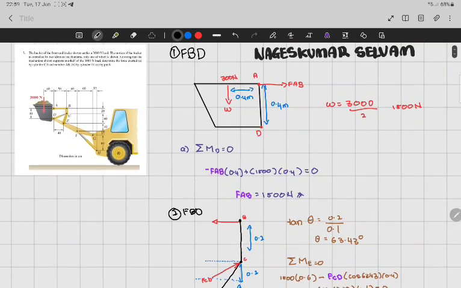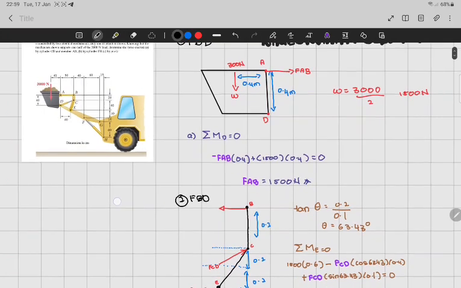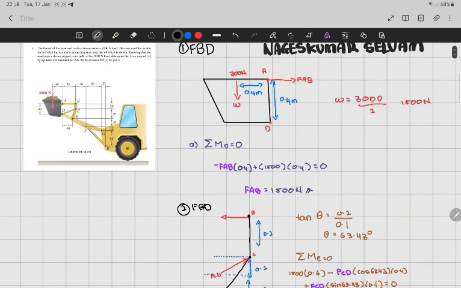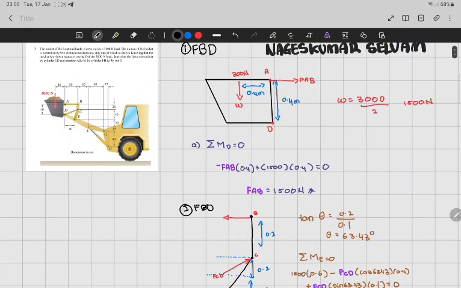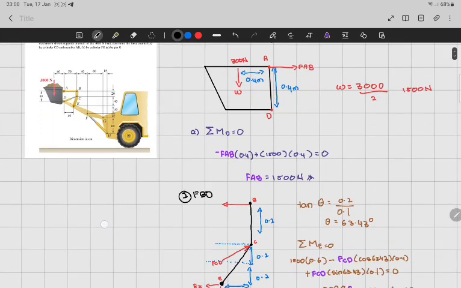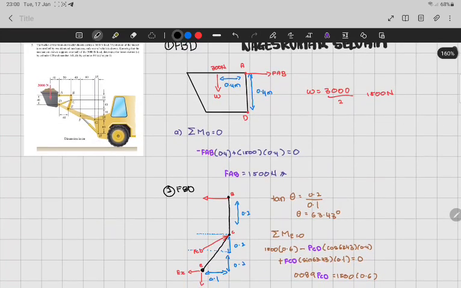So 1500 Newton. Summation of moment at D as a reference. Negative FAB because it's going clockwise, plus 1500 Newton pushing downwards, and the distance is 0.4 and also here 0.4. So FAB is 1500 Newton, the force reacting over there. So we already found the FAB.